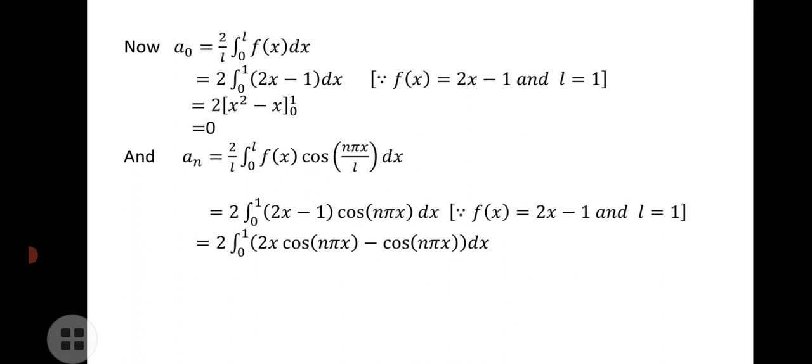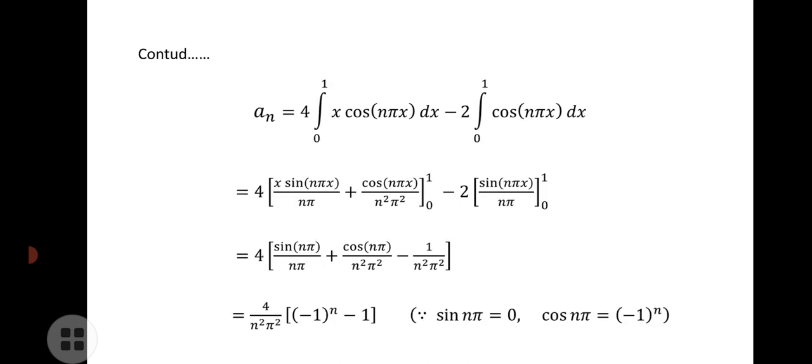In a similar manner, a n is equal to 2 divided by L integral 0 to 1 f of x cos n pi x divided by L dx. Here f of x is 2x minus 1, and multiplying into the bracket, a n is equal to 2 divided by 2 integral 0 to 1 of 2x cos n pi x minus cos n pi x dx.